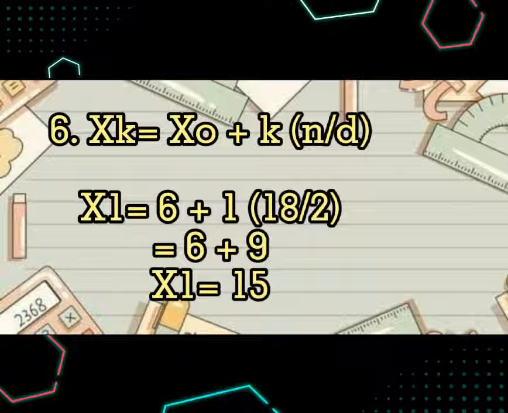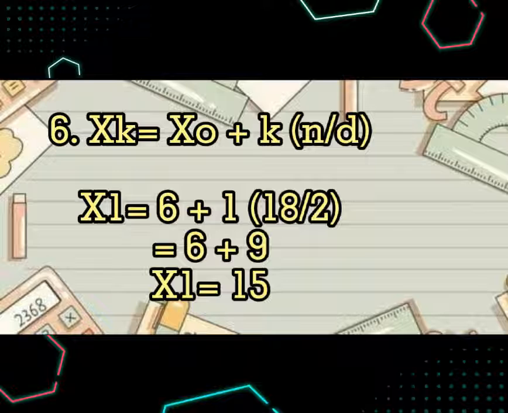Lastly, x_k equals x0 plus k times n divided by d. Since we already have x0, the second solution would be x sub 1, or x1. x1 equals 6 plus 1 times 18 over 2. The 6 is the value of x0 and the 1 is k.